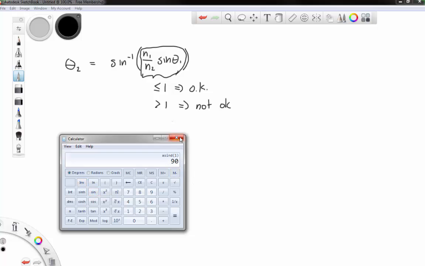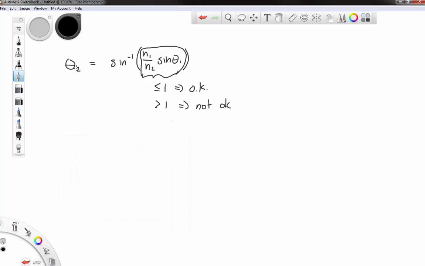So what we're basically doing here is solving for theta 2, which is equal to this inverse sine of this ratio, in which we put the sine here being 90 degrees. So this angle right here becomes 90 degrees, because that means you get the biggest possible number for this product right here.